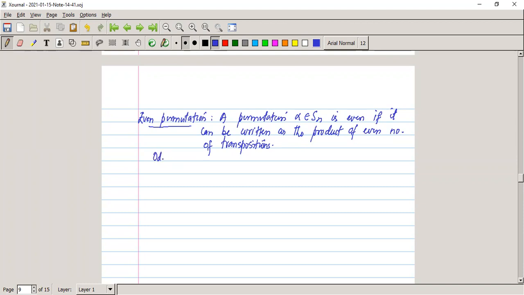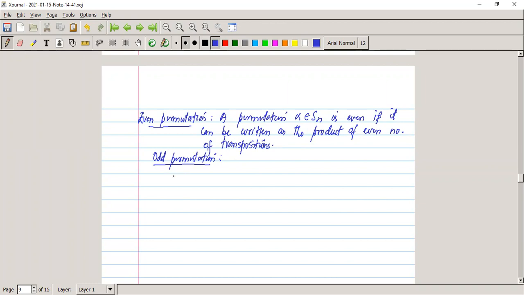Similarly, we can define an odd permutation. So in this language, we can say that a permutation alpha is odd if it can be written as the product of an odd number of transpositions.